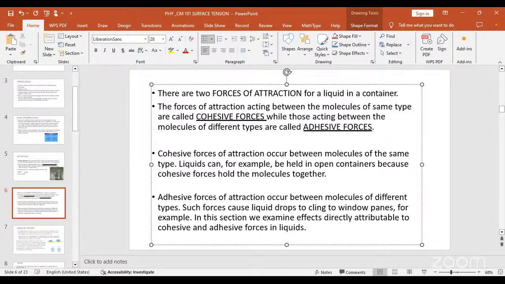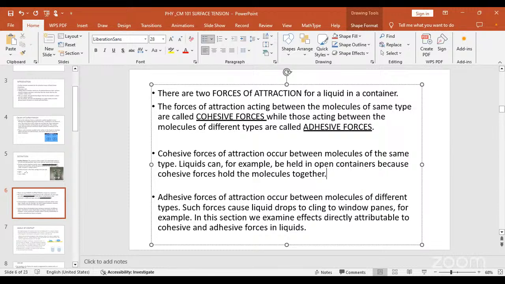Okay, and then the other force, adhesive. One should be able to easily remember this: cohesive, to cohese, togetherness, and adhesive, that is, you are adding, kind of an addition. So adhesive forces occur between molecules of different types.